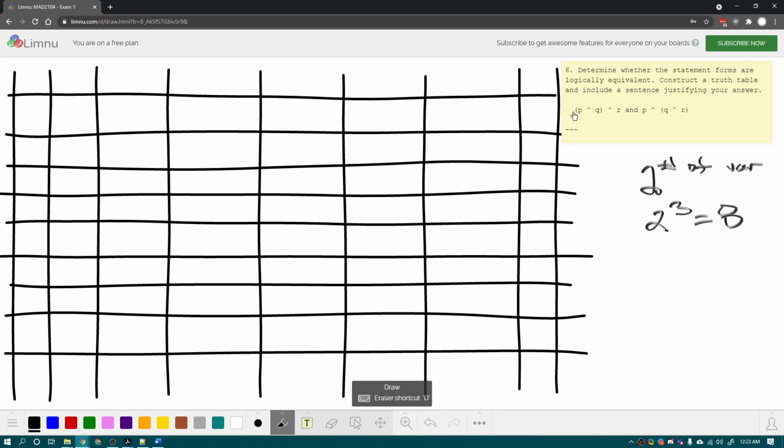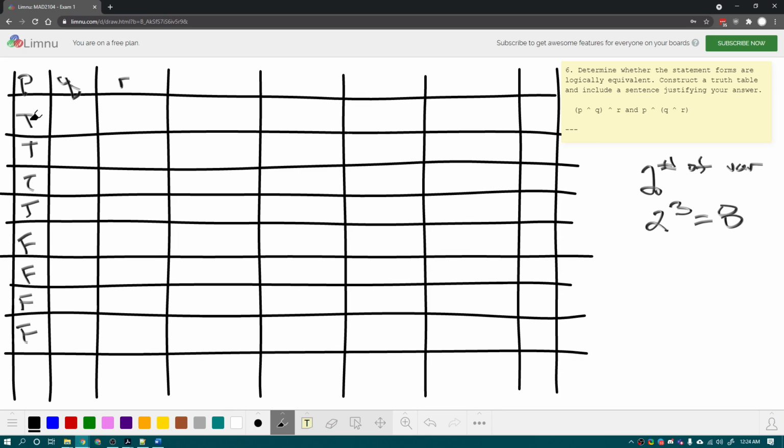Okay. All right. So I'm going to start by just populating P, Q, and R. I know that I need 8 rows, and when I need every possible combination, half of them P is going to be true, and half of them P is going to be false. So I'll do half of them true, half of them false.